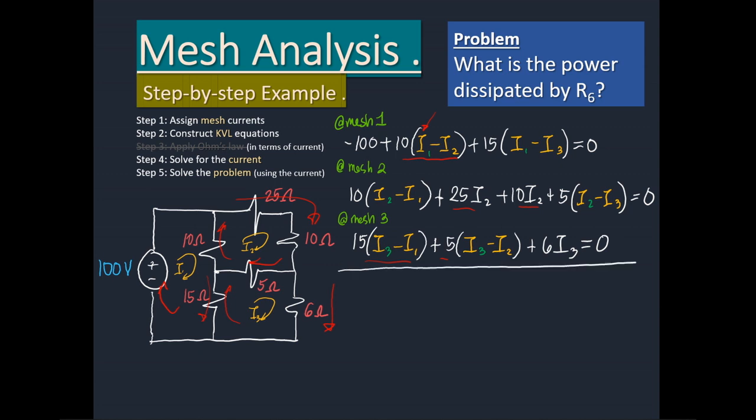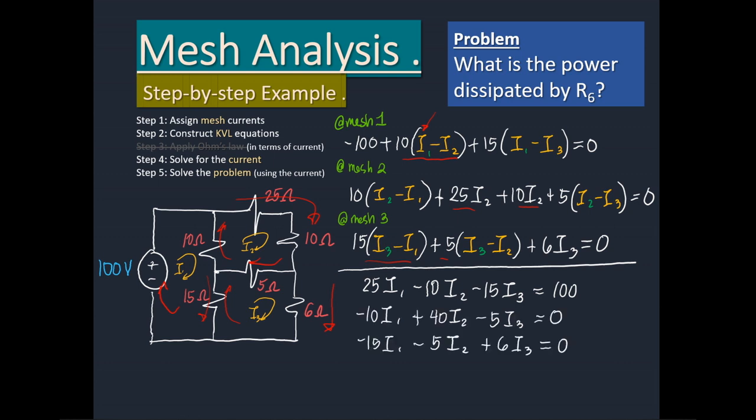Next, arrange the equations into a proper linear equation format. You have this one for the first equation, the second equation, and the third equation. Make sure that the variables I1, I2, I3 are properly ordered in every equation. You should not interchange I1 with I2, otherwise you will get complications.